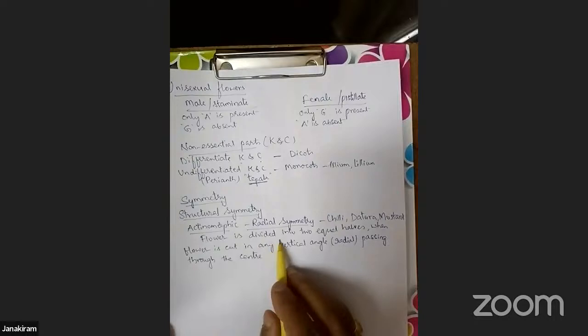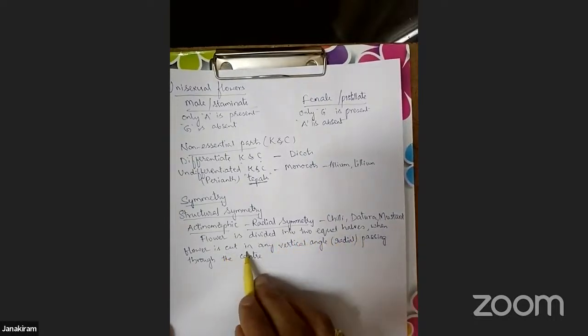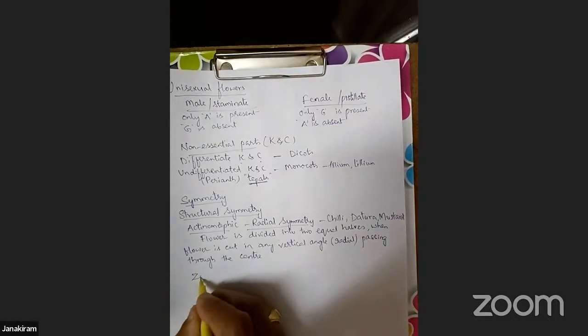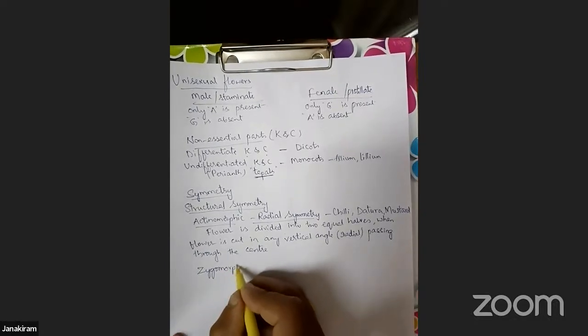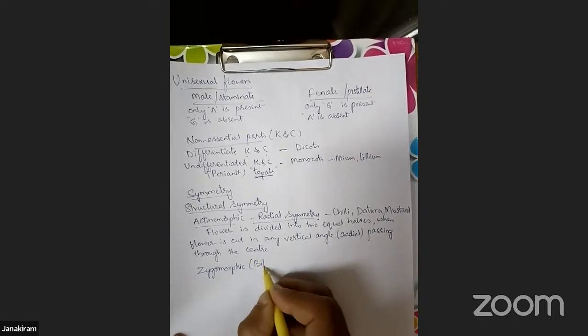Okay, the flower is divided into two equal halves when the flower is cut in any vertical angle passing through the center. The second one is the zygomorphic flowers, and they show bilateral symmetry.